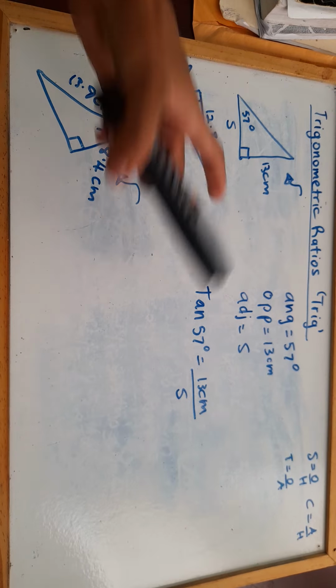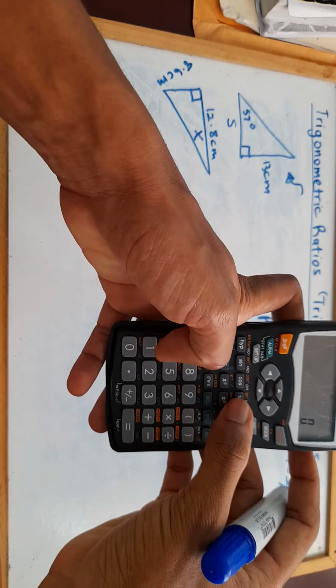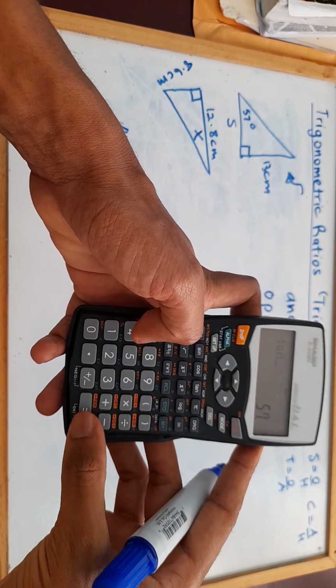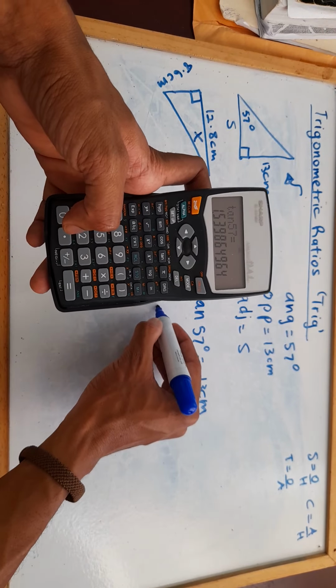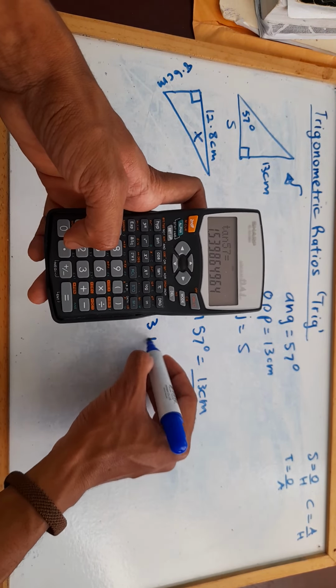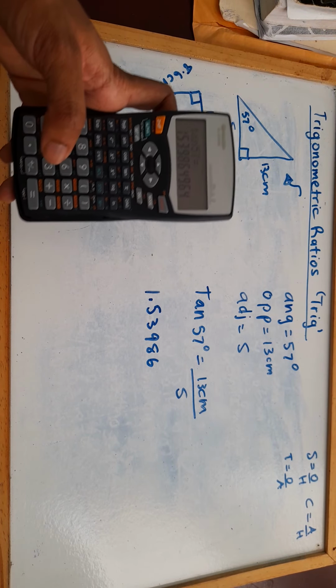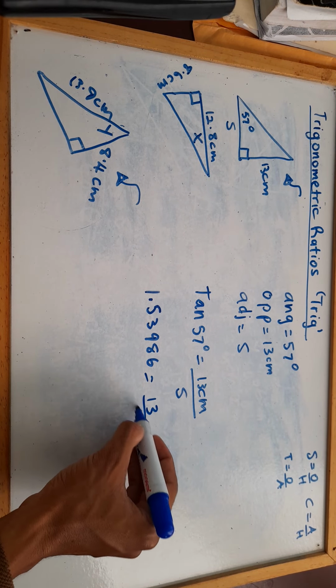Now, we'll tan the 57 first. Use at least 4 decimal places, 1.53986. I use 5 to avoid all the rounding. Is equal to 13 over S.